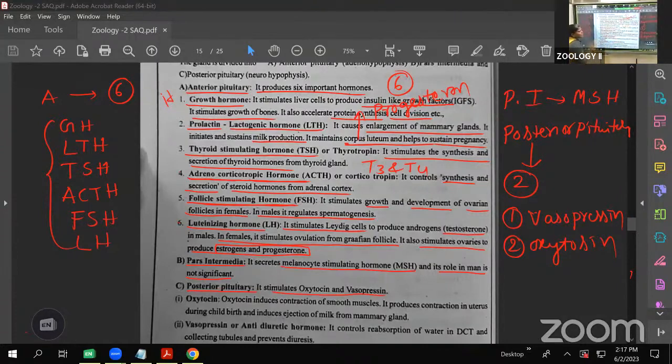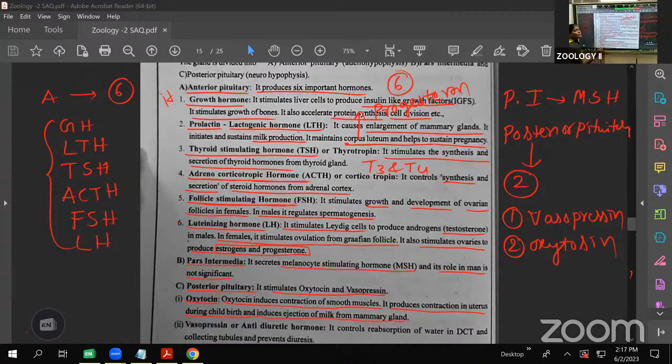What about oxytocin? These two hormones are synthesized in the hypothalamus and enter into the posterior pituitary. What is the use of oxytocin? Oxytocin induces the contraction of smooth muscles, and produces contraction of the uterus during childbirth. It also induces the ejection of milk from the mammary glands.